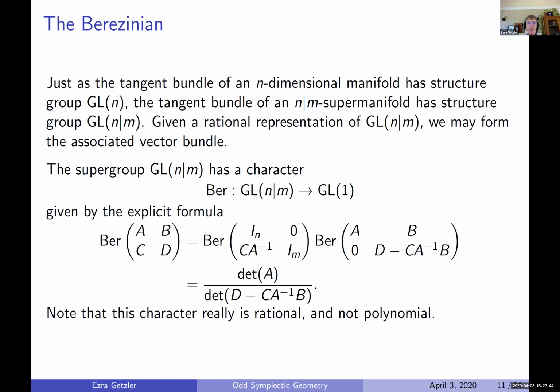Then your exercise, and don't do it during my talk, please, because it's not as simple an exercise as one might wish, is to check that this is actually a character, okay? And notice that unlike the determinant, this is a rational character. The determinant is quite unique in the subject, in that it's actually a polynomial. There's no a priori reason why that character should be polynomial, and in supergeometry, its analog most definitely isn't, okay?